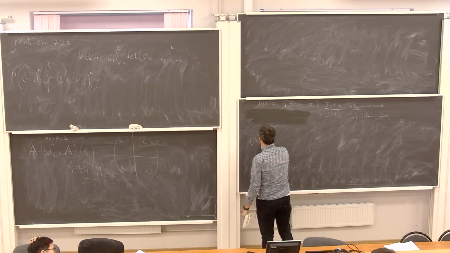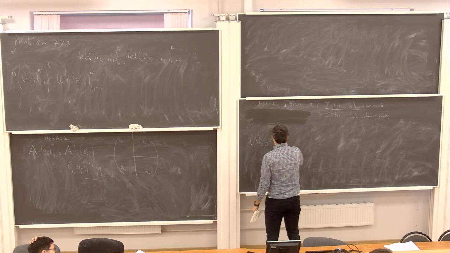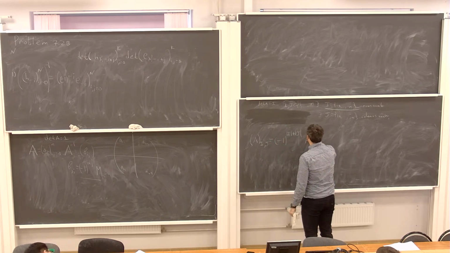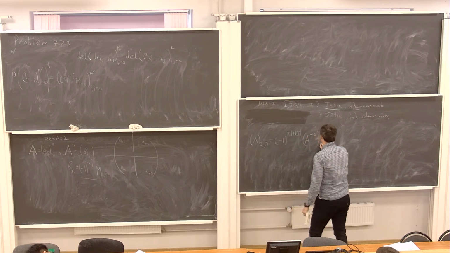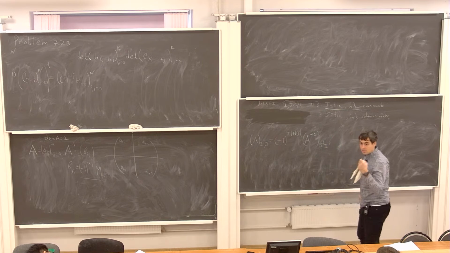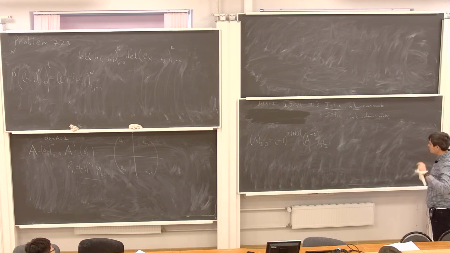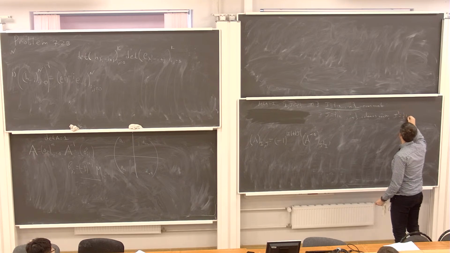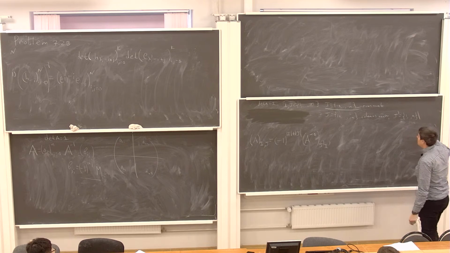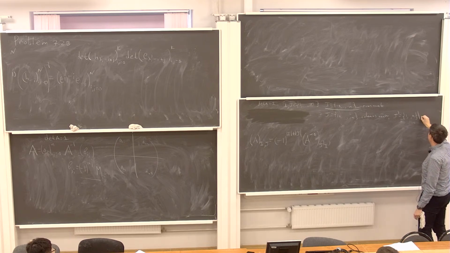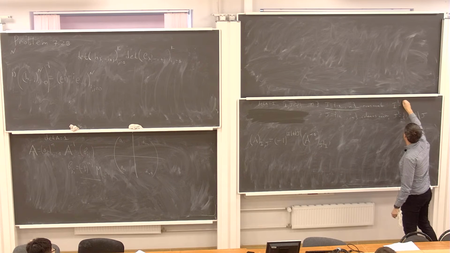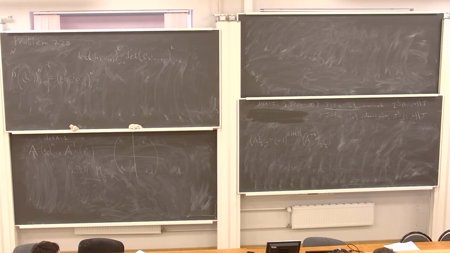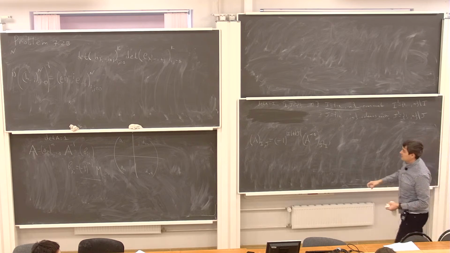Let me claim the following: minus 1 to the I plus j, A minus 1 with minus j prime, I prime, where j prime is just the complement of j, and the same for I prime, the complement of I. Let's test this formula.